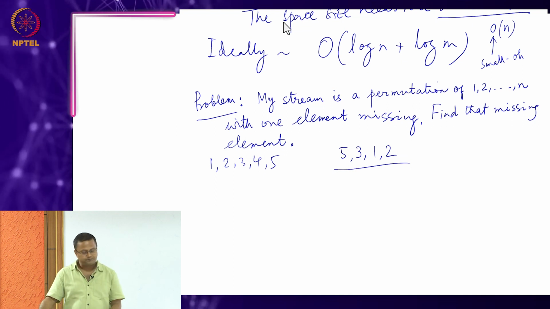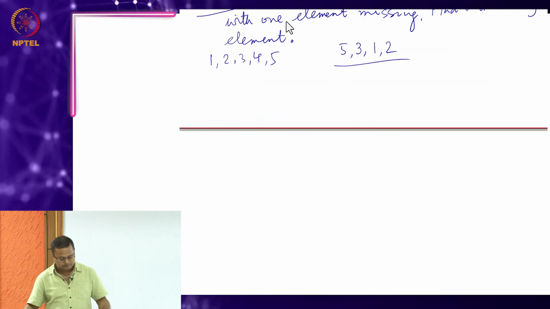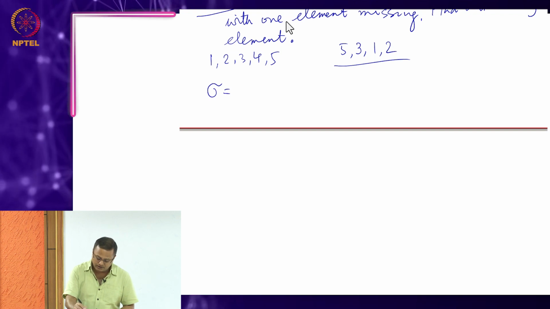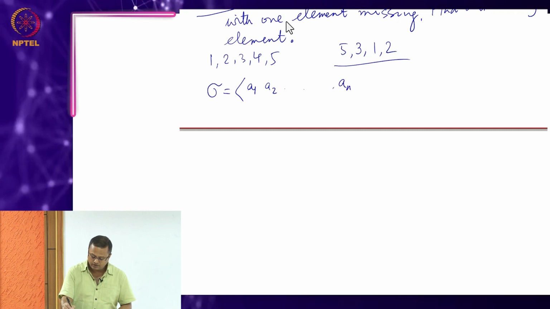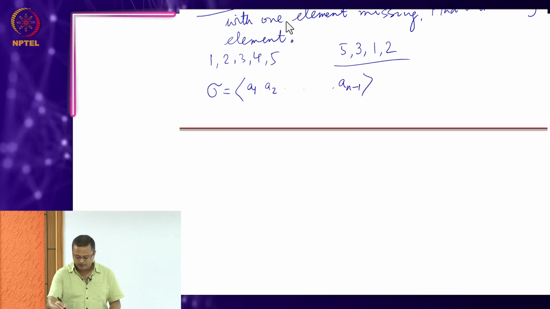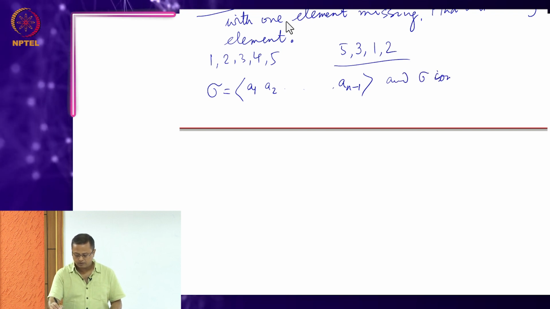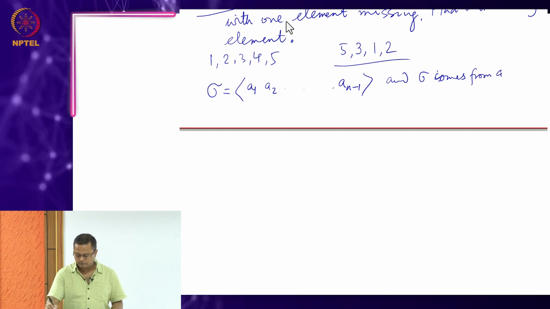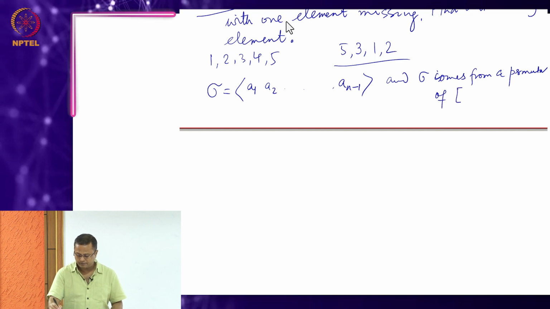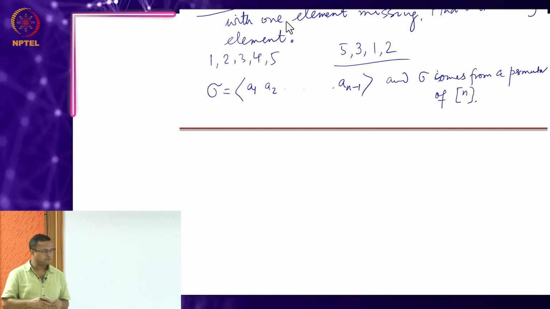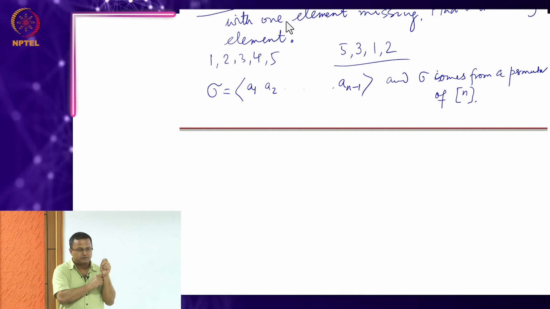Okay, I take forward his idea. I have been told that my stream is a1, a2, distinct, up to an minus 1, and it comes from a permutation of n. So, the first element comes, what do I do?